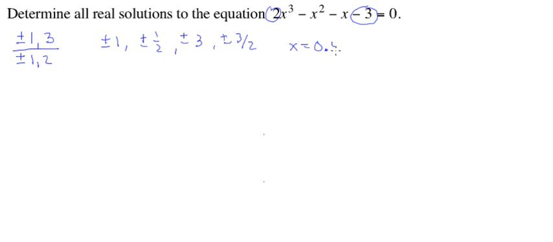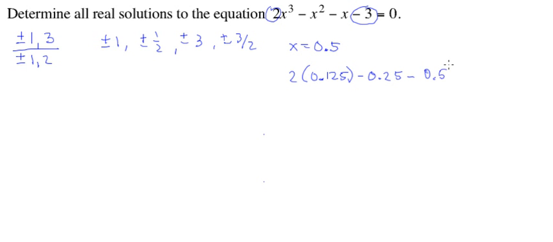So I'm going to say x is 1/2 and work it as 0.5. 2 times 0.125, that's 0.5 cubed, minus 0.5 squared minus 0.5 minus 3 equals 0. That's 0.25 minus 0.25 minus 0.5 minus 3 is not 0.